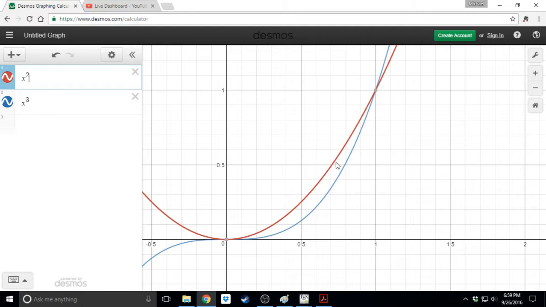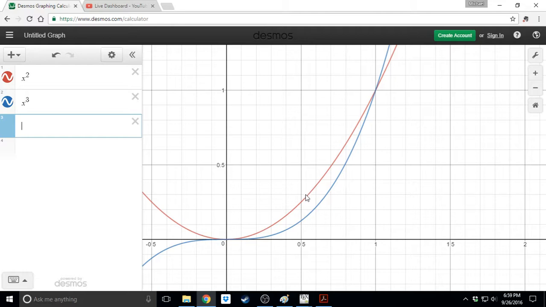So if we want to find the region rotated around the x-axis, we're going to have an integral where the rectangles are going to be formed vertically, and they're going to be rotated around a horizontal axis.